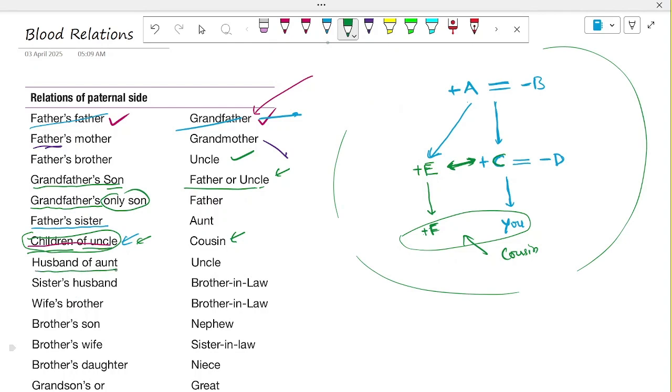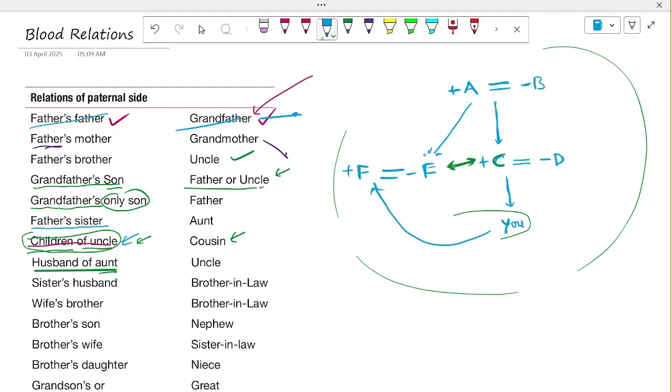So husband of aunt. Just now you have seen who is the aunt. Aunt is your father's sister, right? So if you try to think, now I'm just making modifications here. You don't have an uncle, you have an aunt now. So it is minus E, and if she is having a husband plus F, then what will he be called?